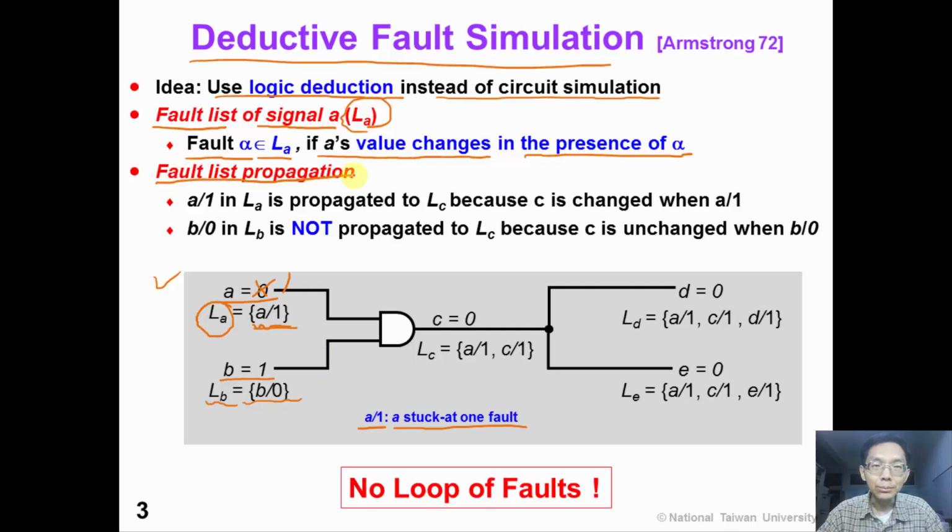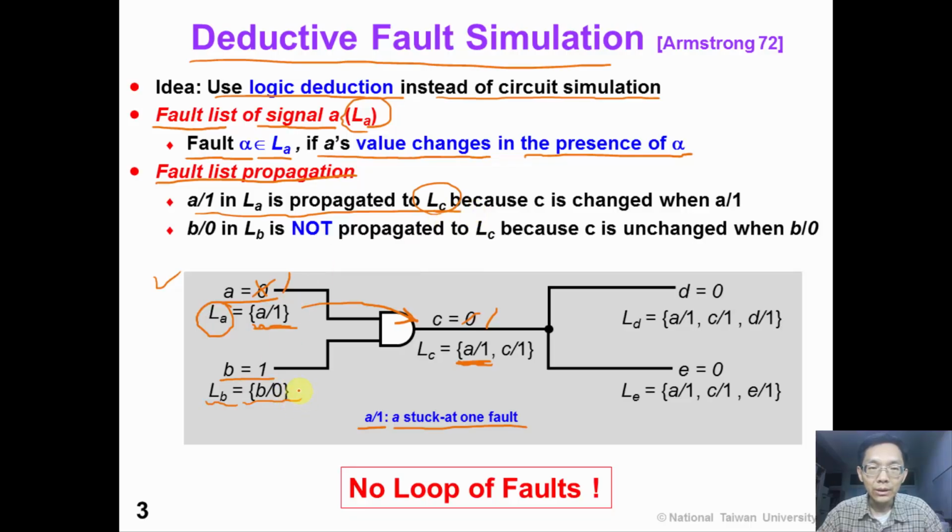The fault list is propagated through a gate. When A is stuck at 1, output C would be changed to 1. So A stuck at 1 is propagated through this AND gate, and the A stuck at 1 fault appears in the output fault list LC.